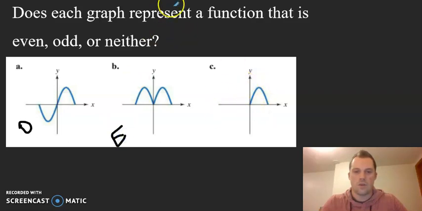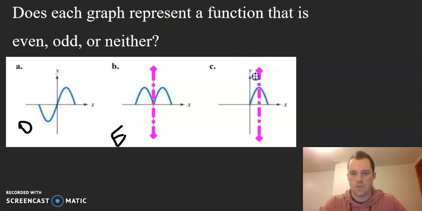And then this one here, well, if we take part B and we reflect across the y-axis, it's mirrored exactly. And we see the same thing here if we've got an axis going right through the middle.